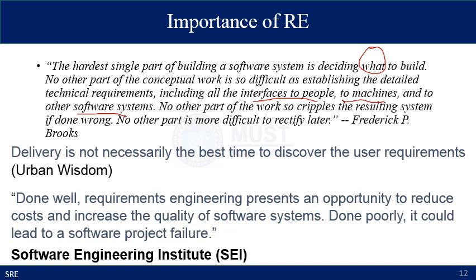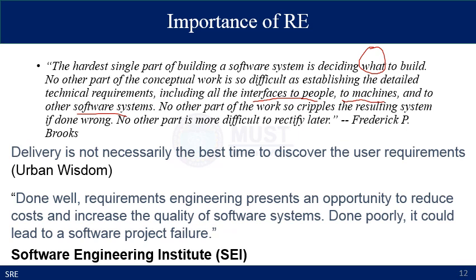If you catch a fault in the requirements at a later stage of the software development life cycle, it will be very difficult to accommodate the changes and to cater to the needs of budget and time. So requirement engineering is an important process of your software development life cycle.